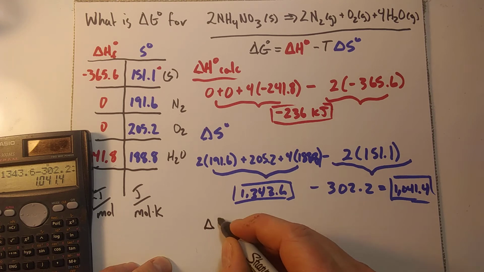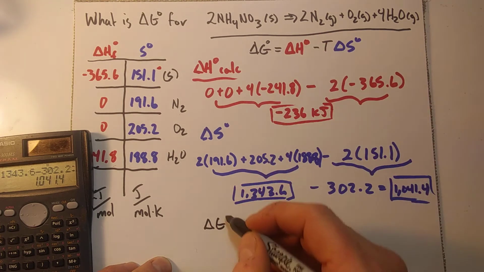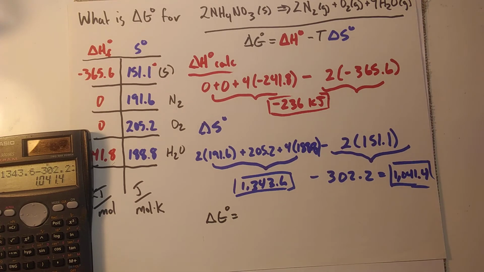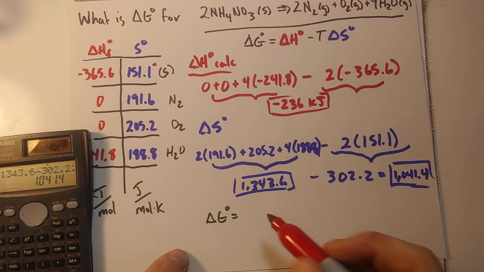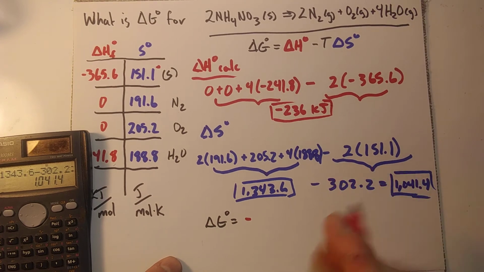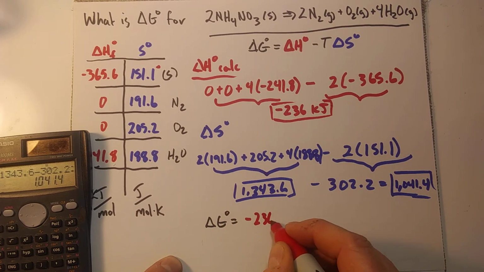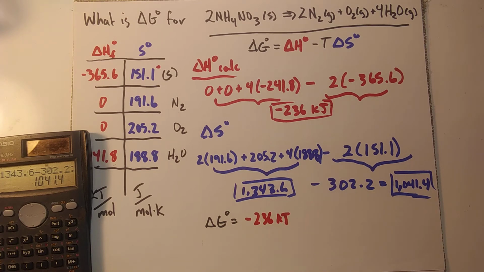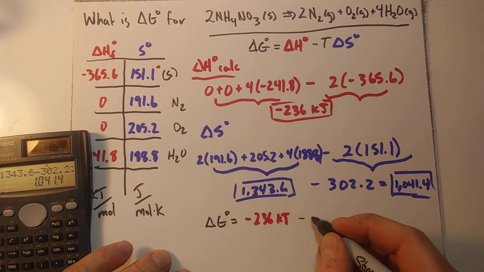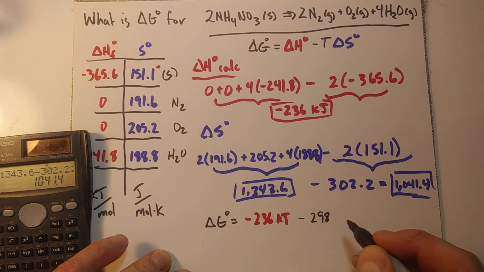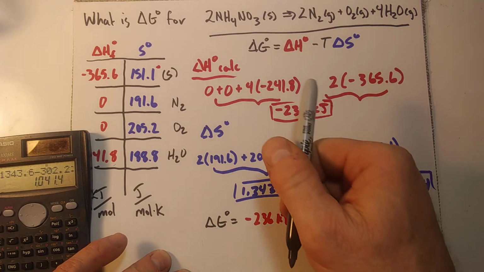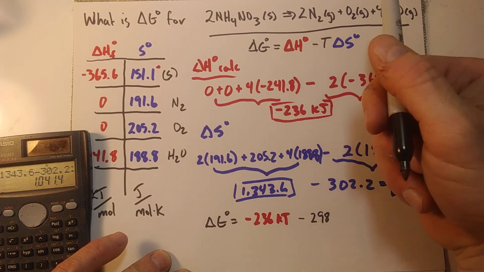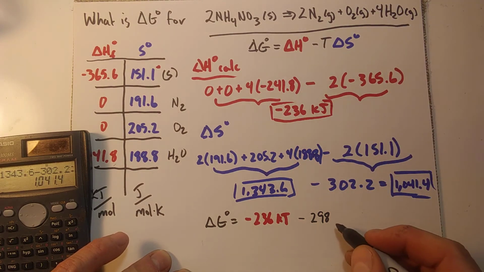So delta G, standard Gibbs free energy, is equal to that, minus 236 kilojoules, minus 298. You say, where'd you get the 298? Remember, we're at standard conditions, so the temperature is always 298 or 25 degrees Celsius.